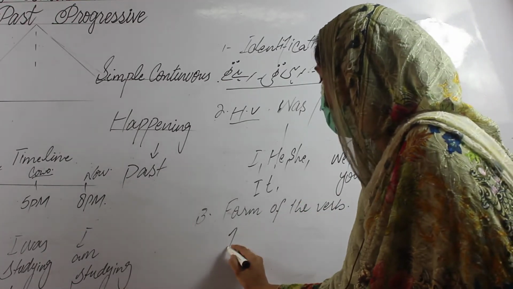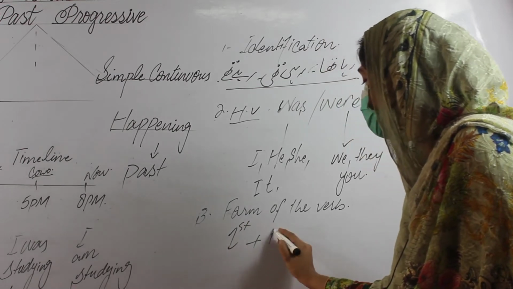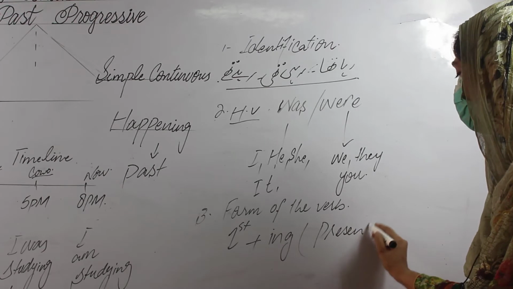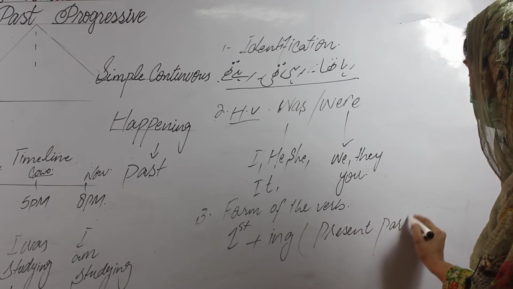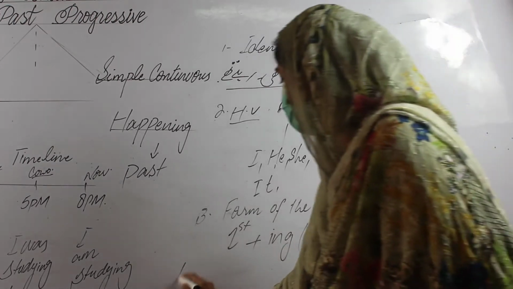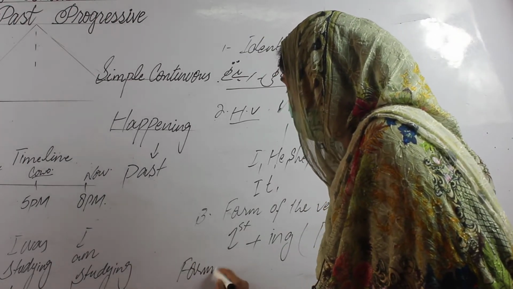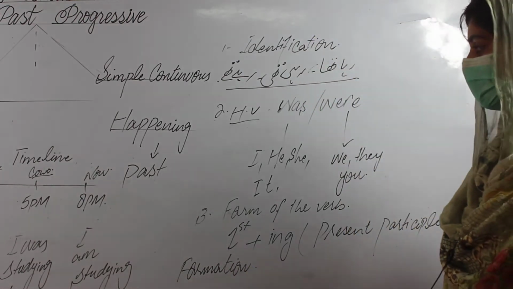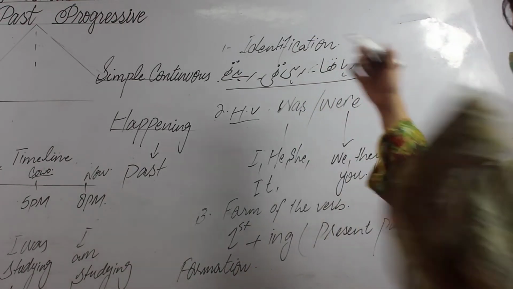We will use the first form with the addition of ing, which is called the present participle. So the formation of the tense is very clear now after the long description of these points and this tense.